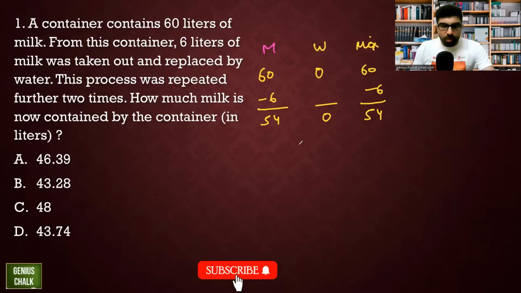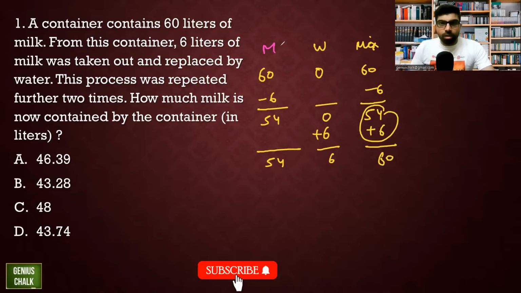Second step, 6 liters water is added, so total milk remains the same. It is 54, water is 6, and the total mixture is 60. This is the scenario we have, right? This is the scenario after the second step. Now this is further repeated 2 times.